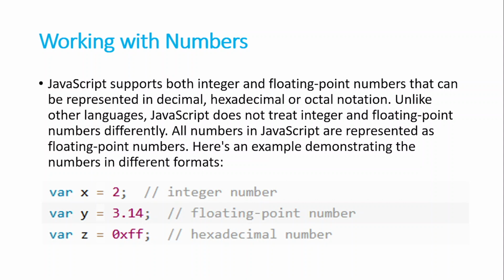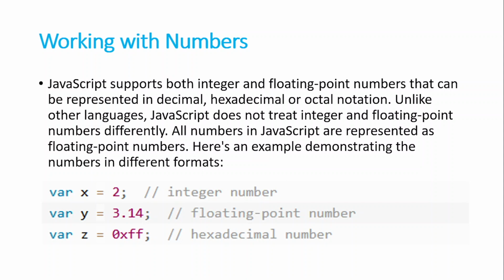We don't have to specify the data type. It is automatically taken care of by JavaScript. So we just specify var and then the variable name, and after that we can assign numbers, integers or any kind of data type to the variable. All numbers in JavaScript are represented as floating point numbers.